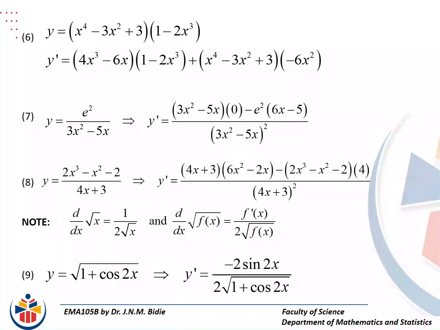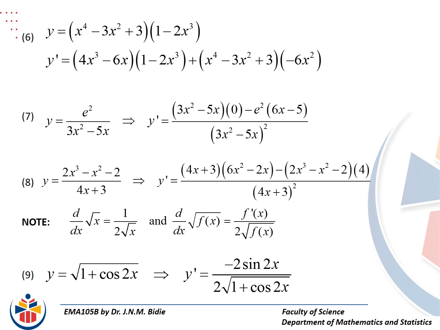Now let's note that the quotient rule says, first thing you need to do is to take the denominator up as it is. Take the denominator up when you do your differentiation, and then multiply that by the derivative of the numerator.